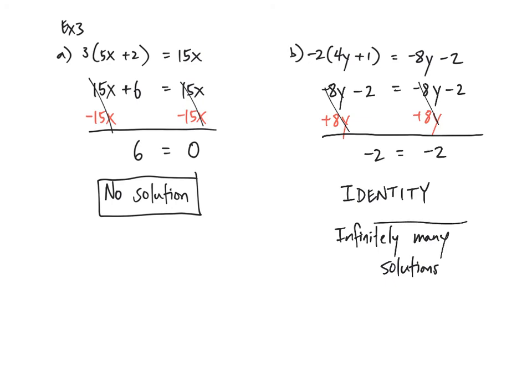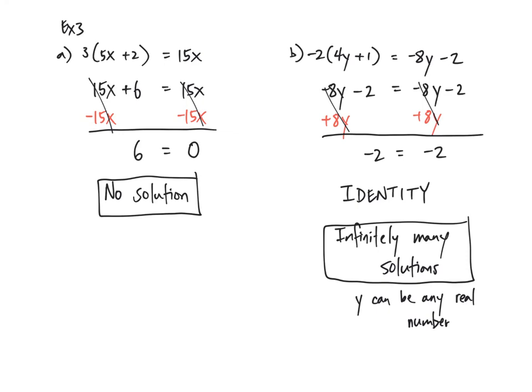Or another way of saying that is that y can be any real number. Okay, usually when we solve an equation, we end up with just one solution, at least linear equations. But in this case, we get infinitely many solutions.